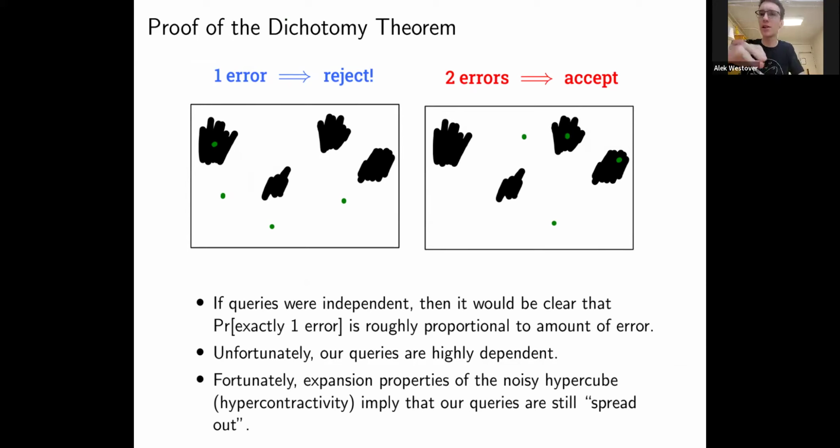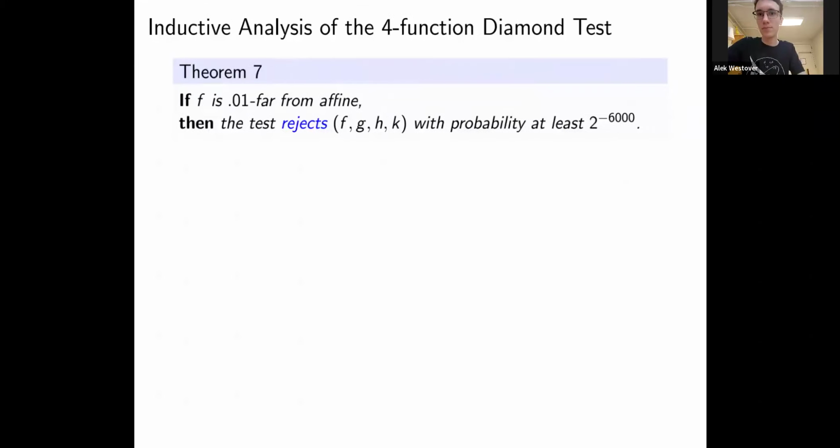So we end up getting something similar to what we would have intuitively expected in this independence case. And that lets us show that the rejection probability is high when we have a lot of error, but not too much error.